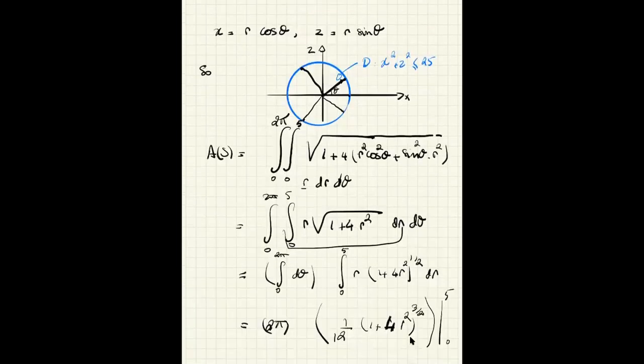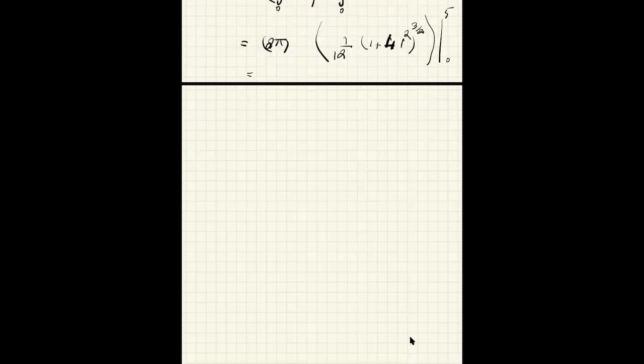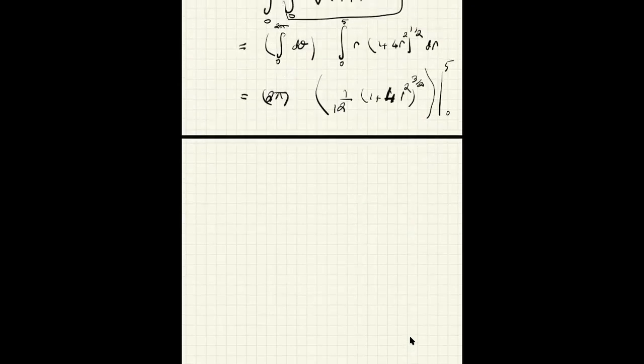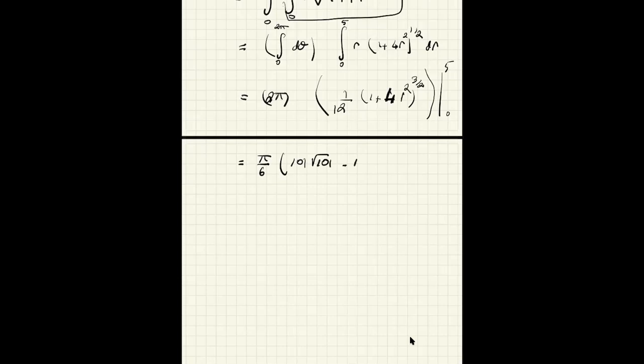And this will give you, whatever this will give you, pi over 6, I think, 10 square root of 10, right? Or 101? Yeah, 101 square root of 101 minus 1. All right.